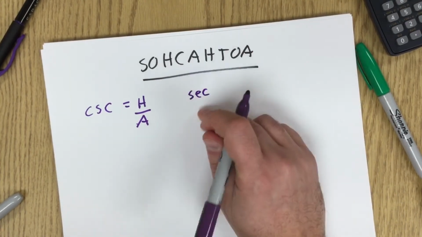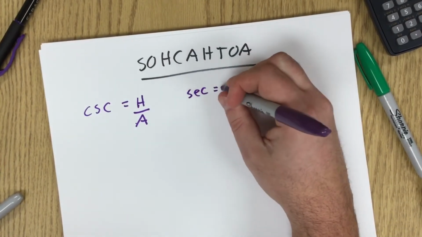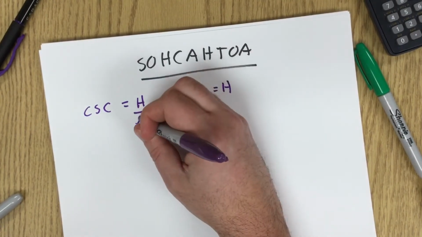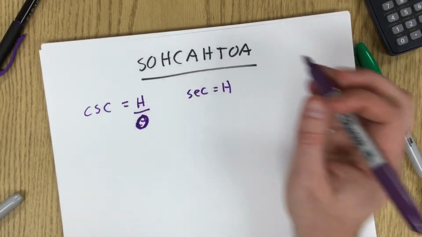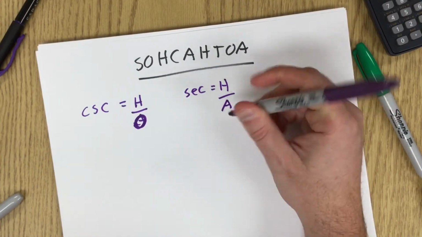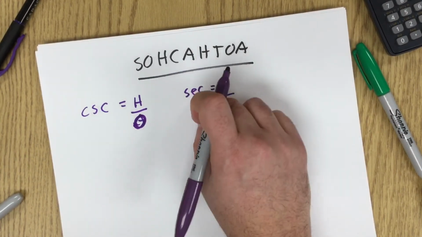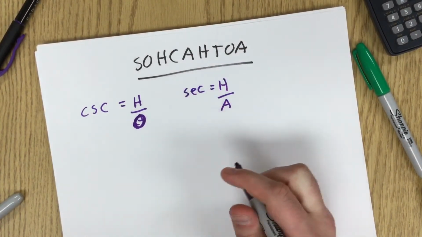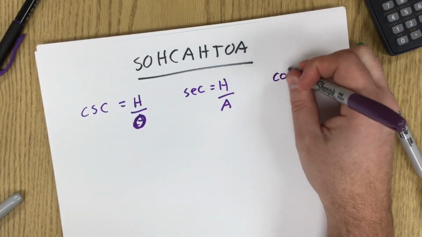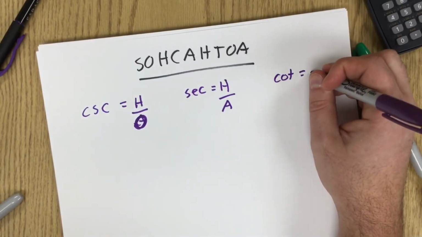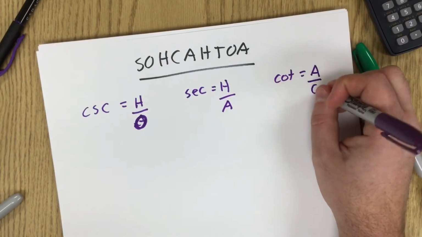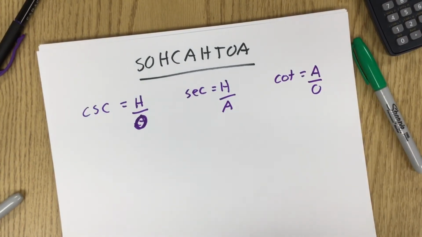Secant is the reciprocal of cosine, so that's going to be a hypotenuse. Oops, that should be over opposite. That's a big mistake. This one is hypotenuse over adjacent because secant is the reciprocal of cosine. And then cotangent is going to be adjacent over opposite.